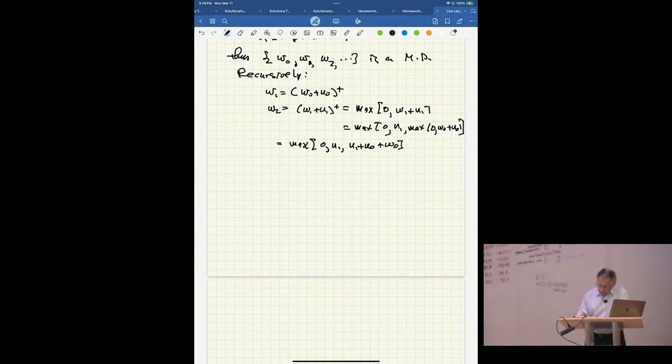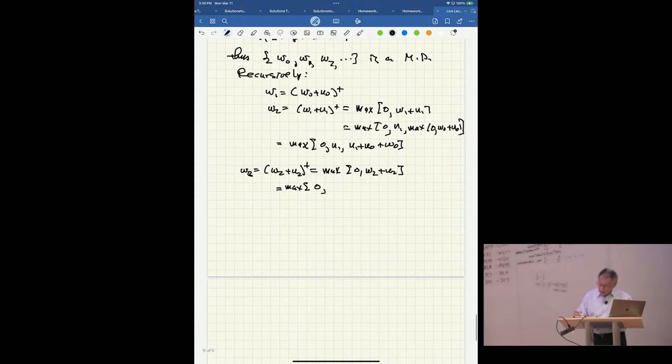Let's go one more. Let's do W3. That's basically W2 plus U2 plus, which equals the max of 0 and W2 plus U2. And we know W2 from the line above. So that's equal to this big baby. It's equal to the max of 0. That's one possibility.